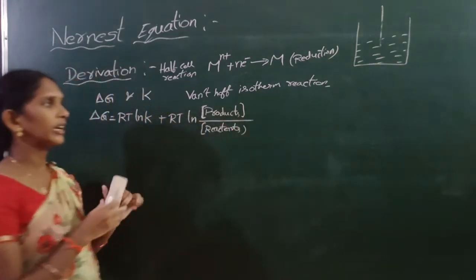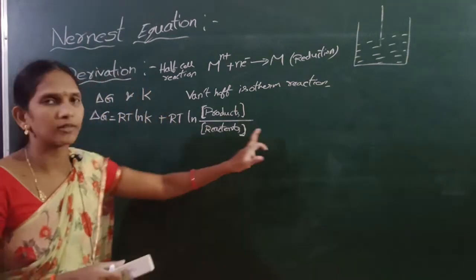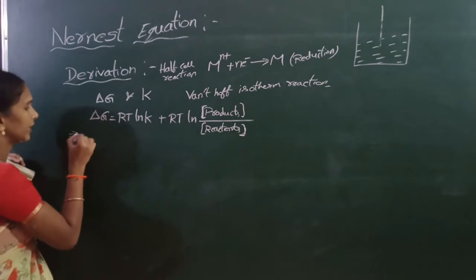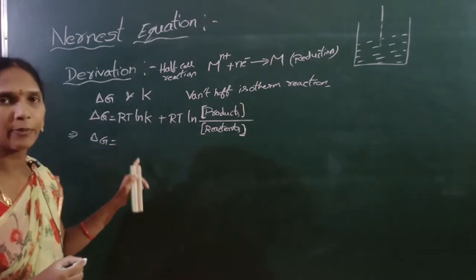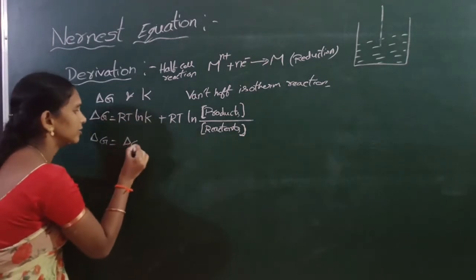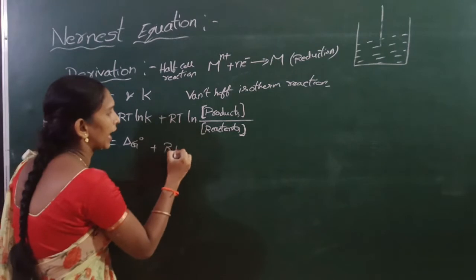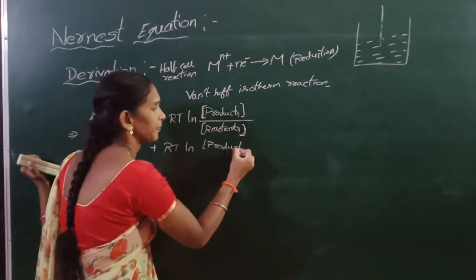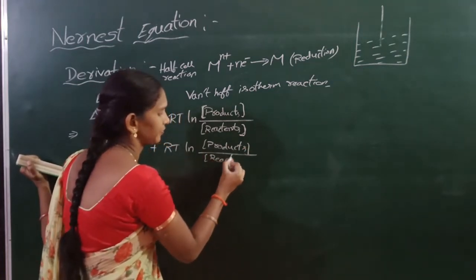Then delta G is equal to delta G naught plus RT ln [products] by [reactants].